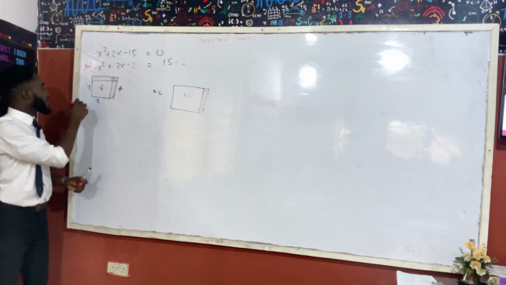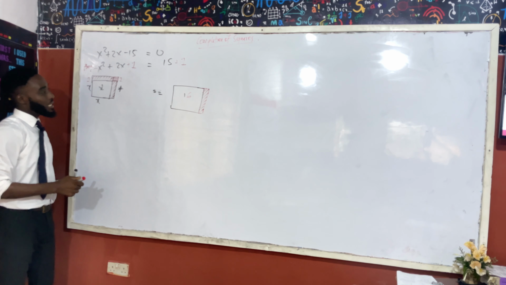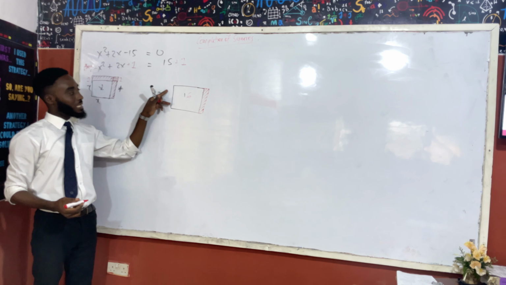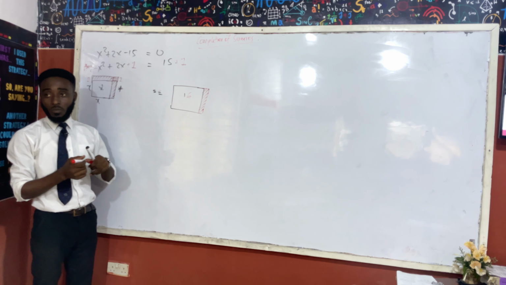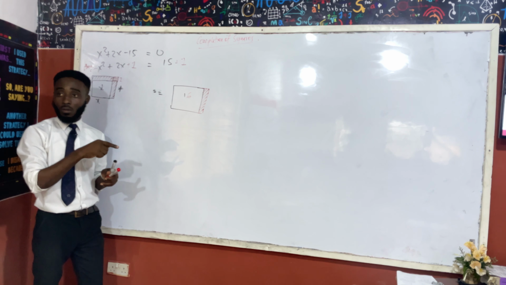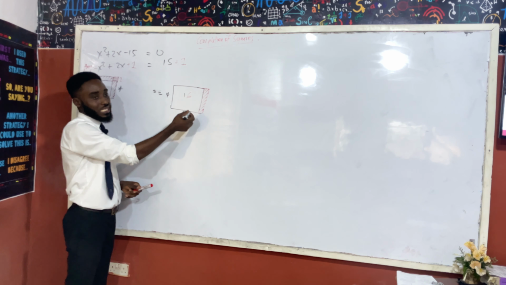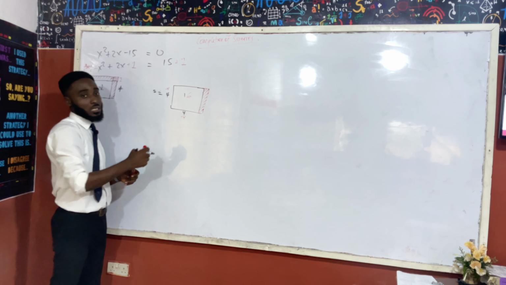And since this is x, this is 1, this is 1, if this area is 16, what are the likely possibilities of these two sides? It could be 4 or minus 4. So I can either have 4 giving me 16 as the area, or I can have minus 4, which also gives me 16.